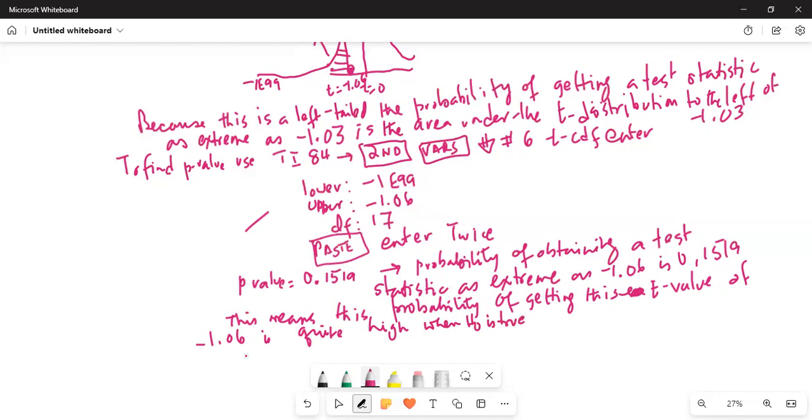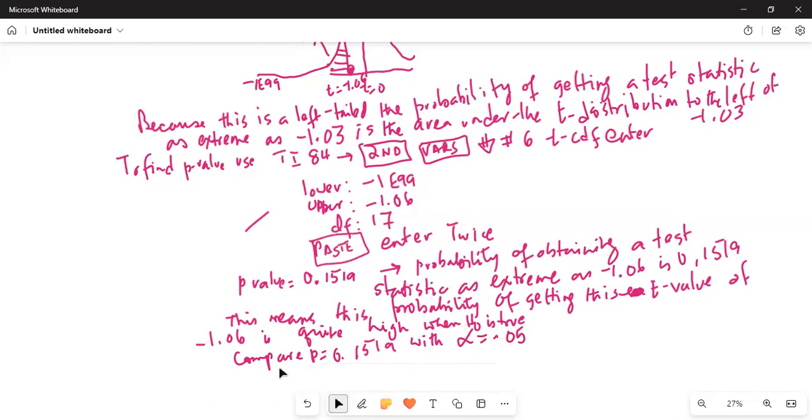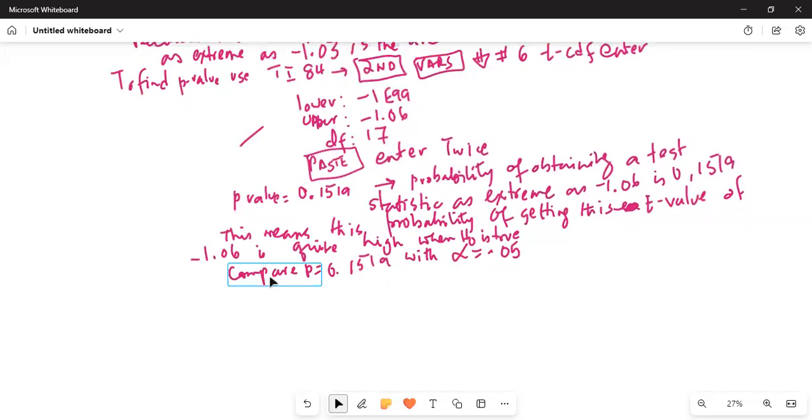Now also compare p equal to 0.1519 with alpha equal to 0.05. Okay. So if I move up, p is less than alpha. Sorry, p is greater.